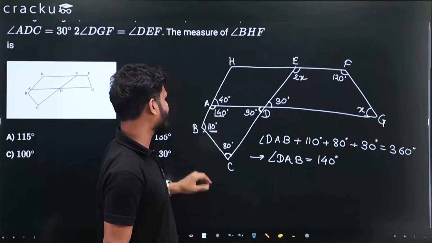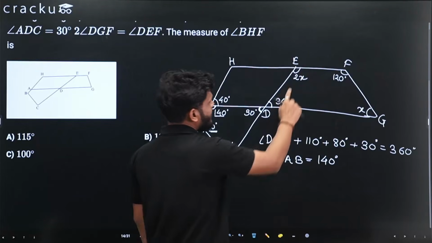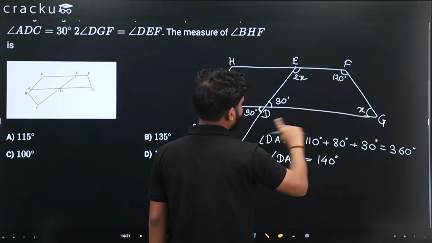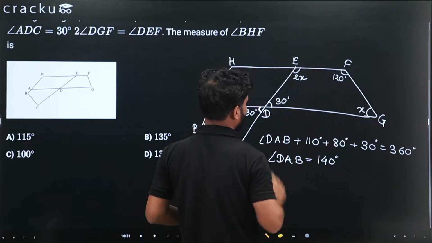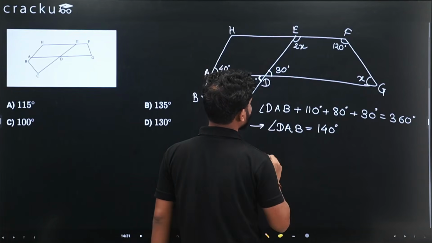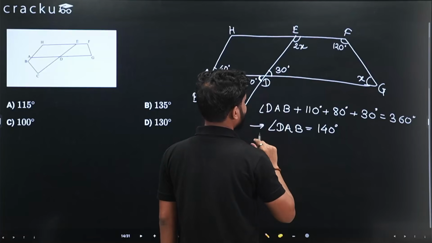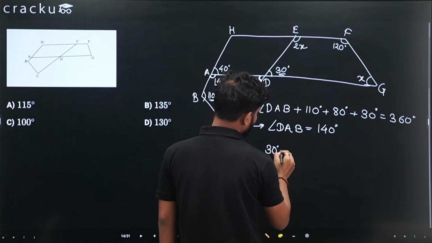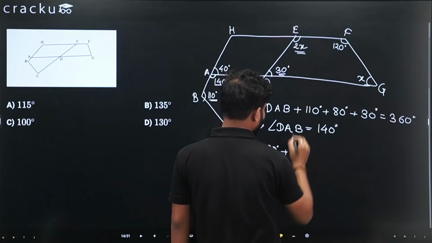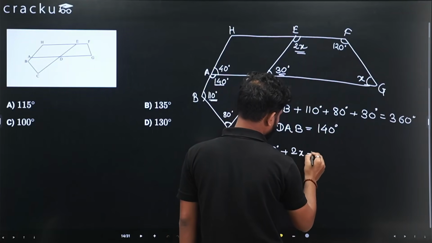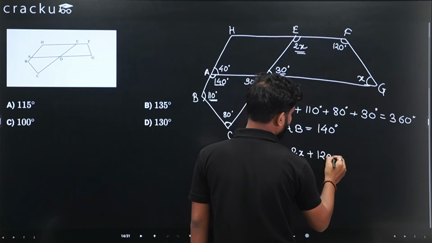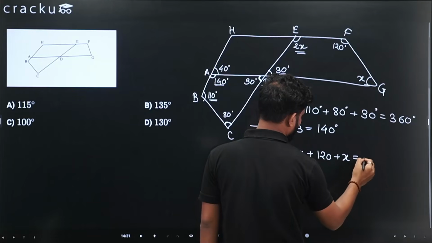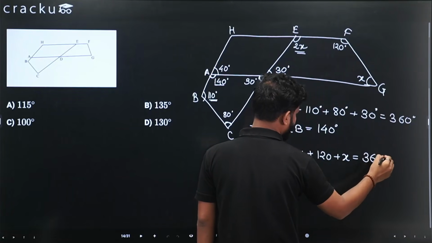Now, if you look carefully, you have quadrilateral EFGD, or DEFG. In this one also, the sum of all angles will be 360 degrees. So this is 30 degrees plus 2x plus 120 plus x, which will be equal to 360 degrees.